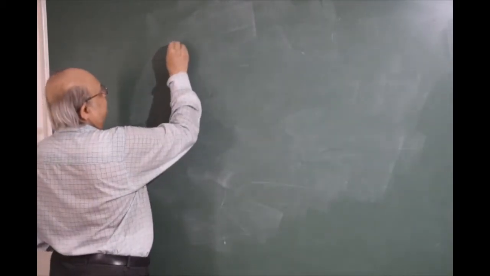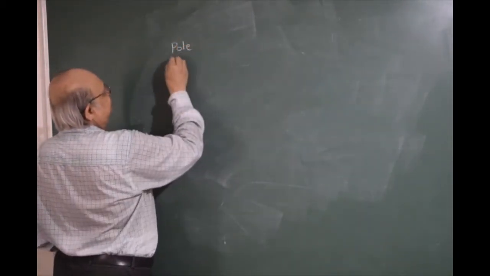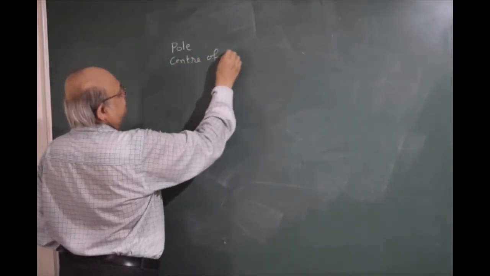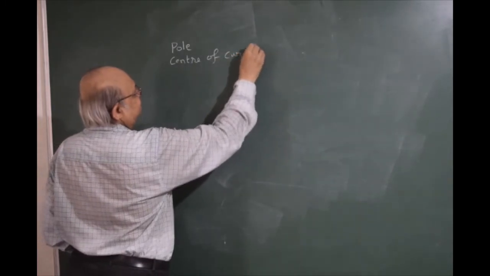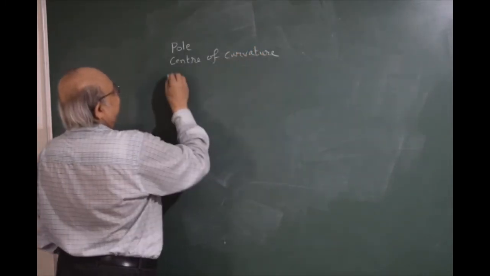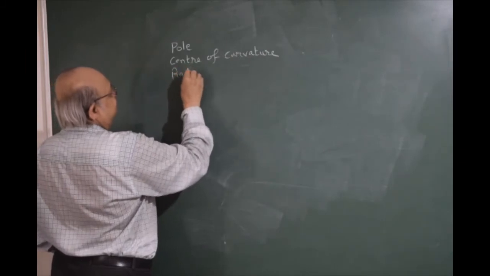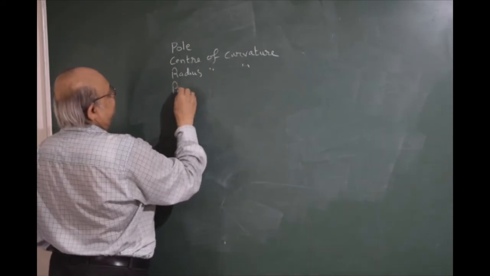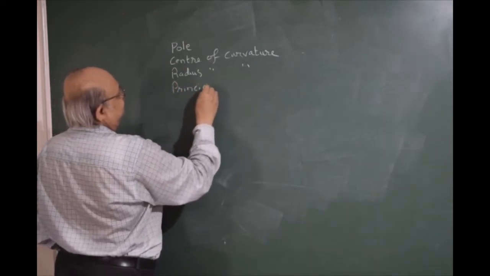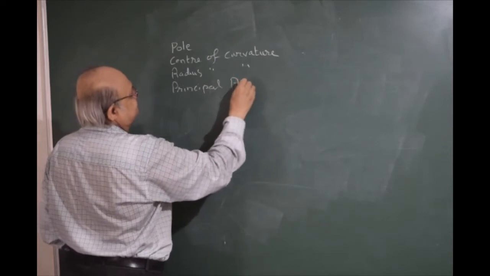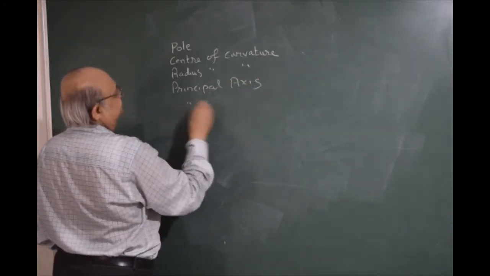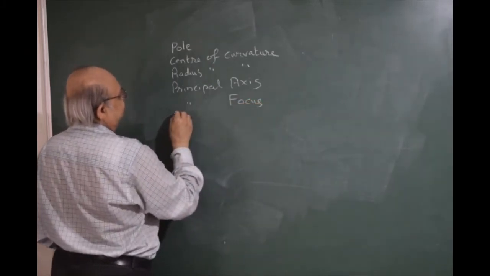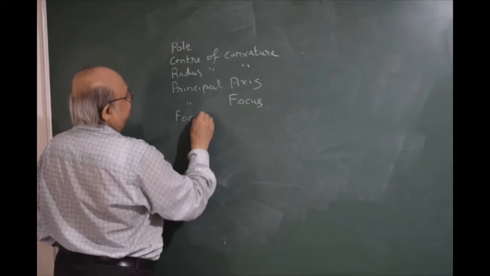We have pole, center of curvature, radius of curvature, principal axis, principal focus, and focal length.